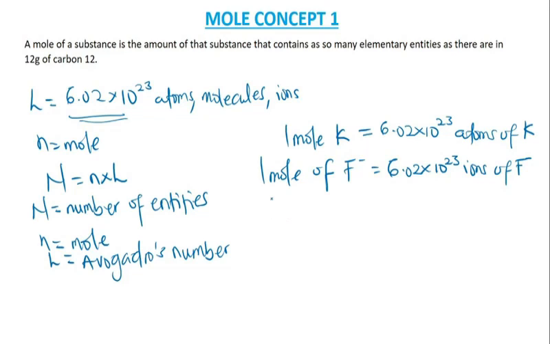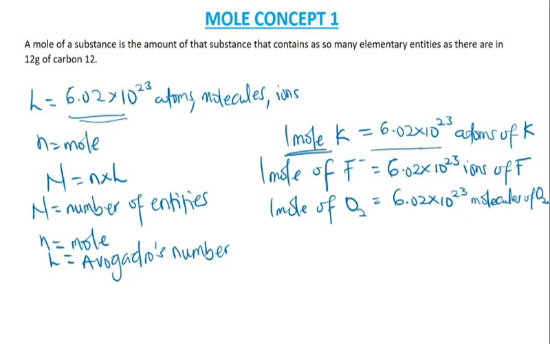The same way, if we have 1 mole of oxygen, which is a molecule, we mean it contains 6.02 times 10 raised to the power 23 molecules of oxygen gas. So every mole of any substance contains the Avogadro's number, or L, number of entities of that particular element. So this relation is very, very important.